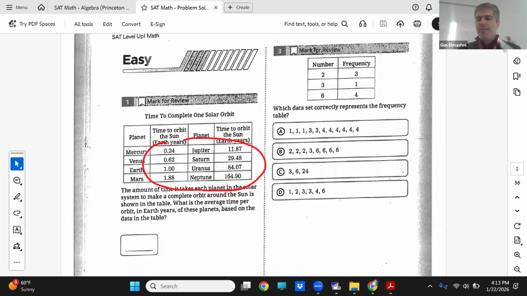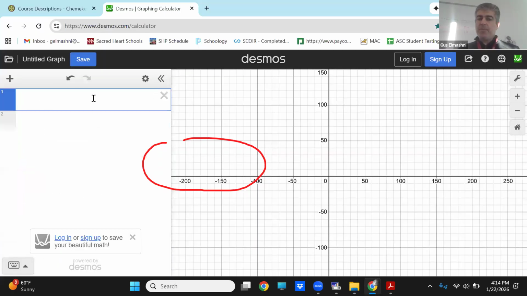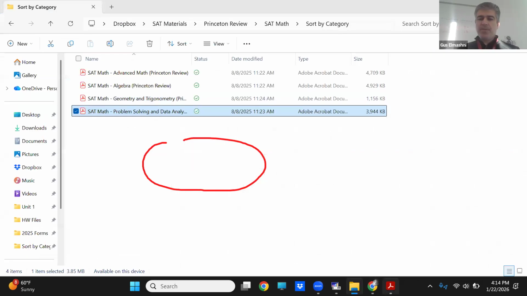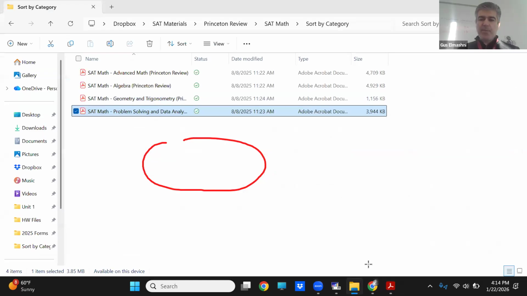At this point, you just use a calculator. I would not do this in your head, or even on paper. I would just simply punch those in, 0.24. This is where I much prefer to use a graphing calculator, because going back and forth is a bit of a pain. You kind of see I'm struggling a little bit, right?